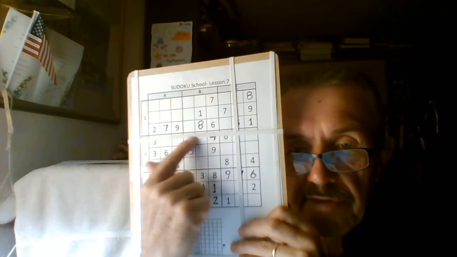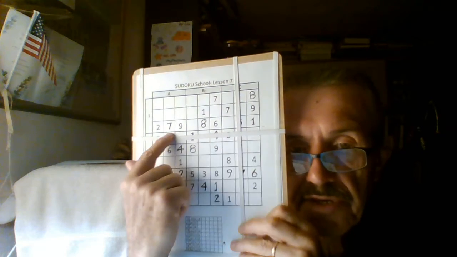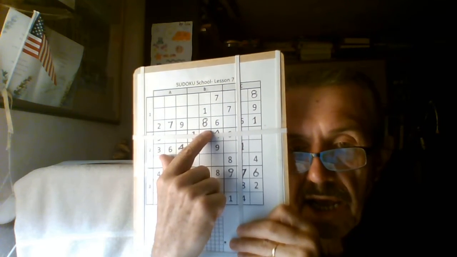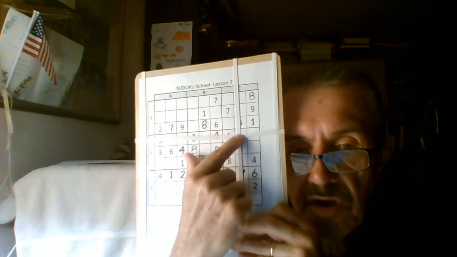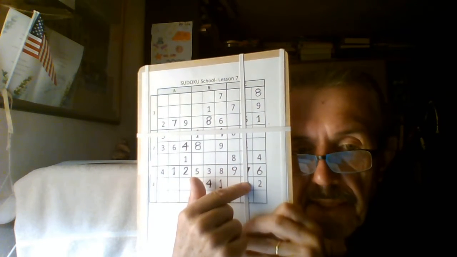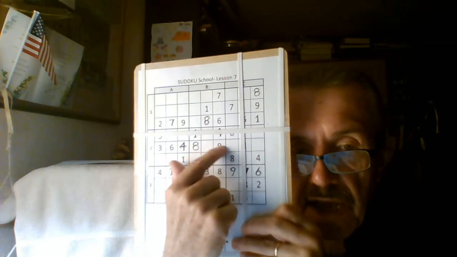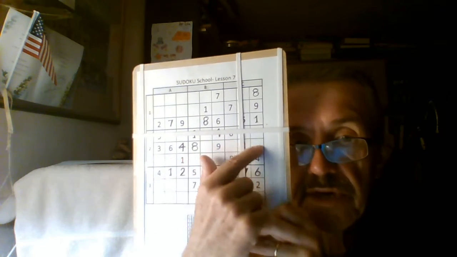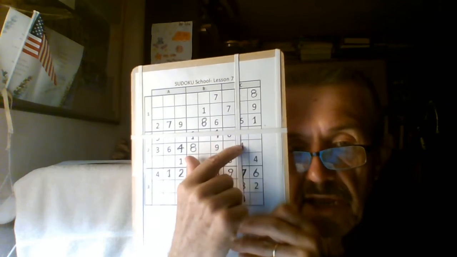Number 5 already exists in this row and in these columns, so number 5 has to be somewhere in square C2 in this location.